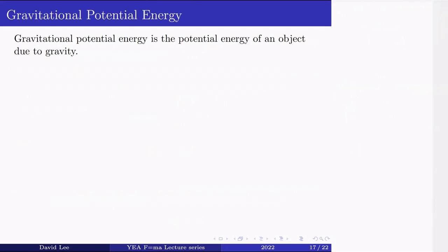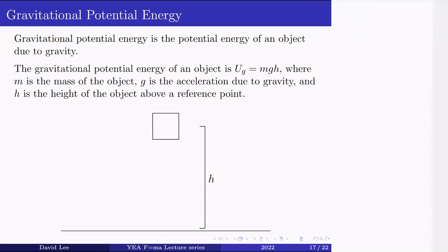Okay, so now let's talk about some types of potential energy. We have gravitational potential energy, which is the potential energy due to gravity, which I already talked about a bit.